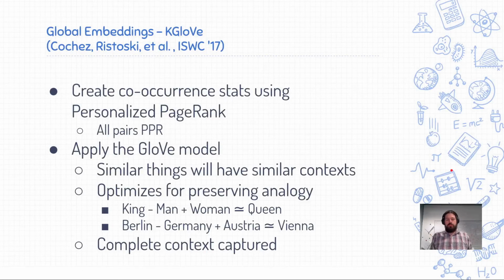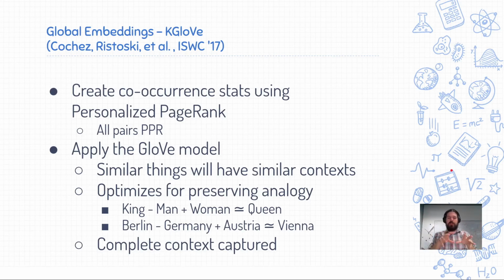Okay, so another technique which actually uses a similar distributional hypothesis is what is called personalized PageRank. Basically, for each node, you look at a certain node in the graph and you look at its neighborhood in a sense. So you try to cut out a neighborhood in the graph.